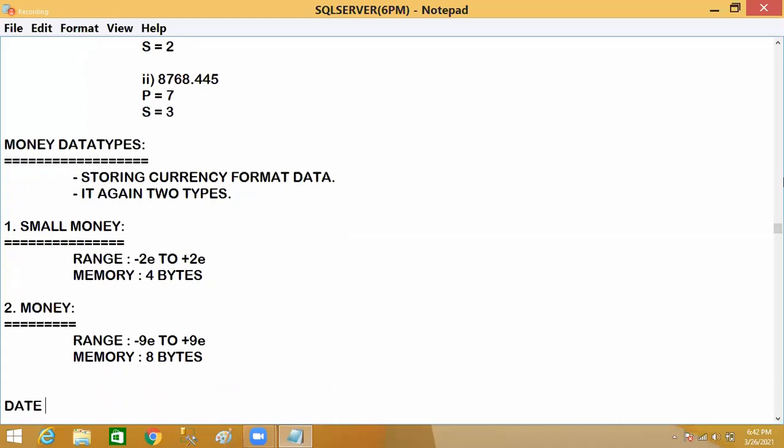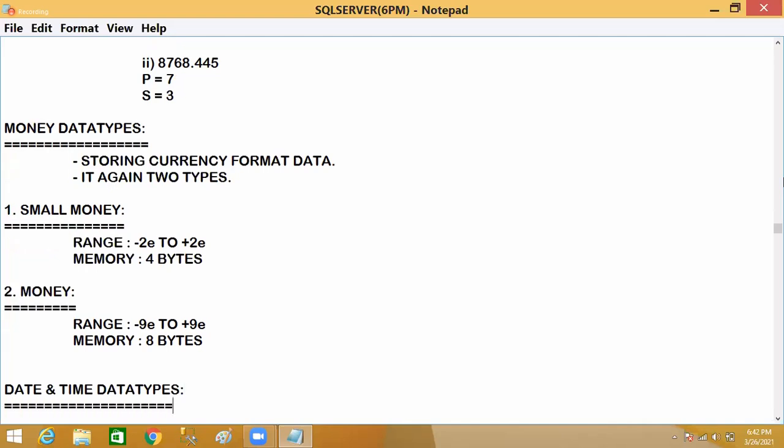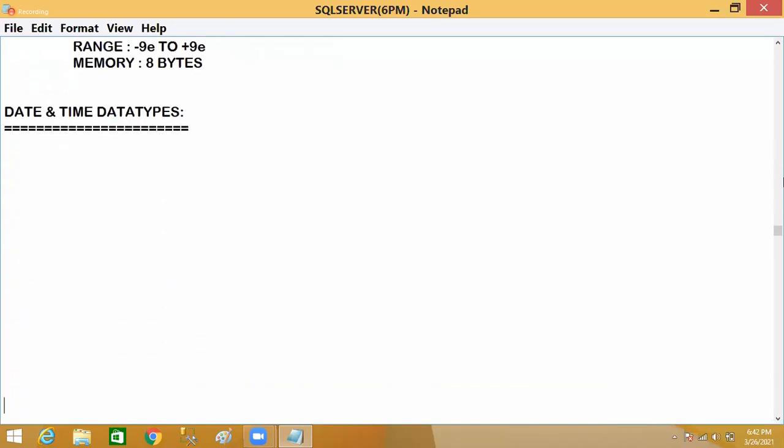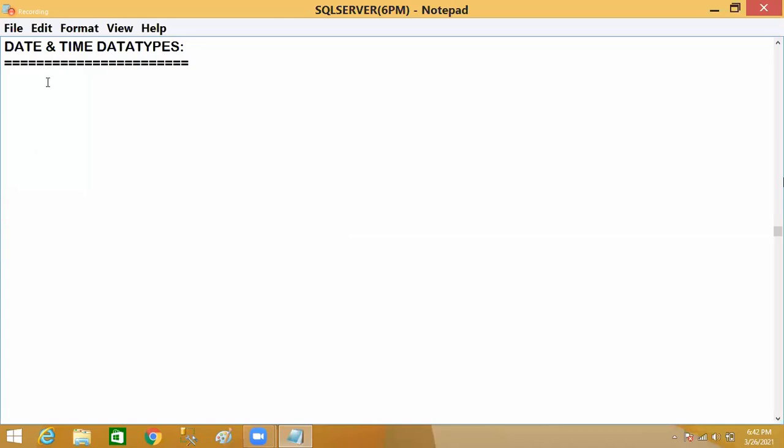And the next one is your date and time data types. In the name only, we have it here: storing date and time information of a particular day.